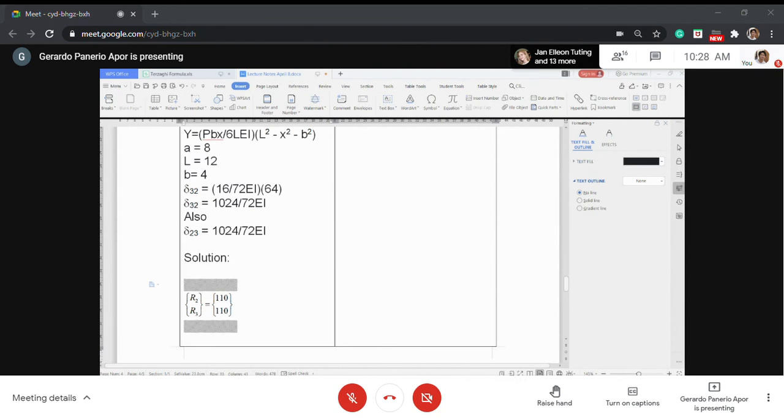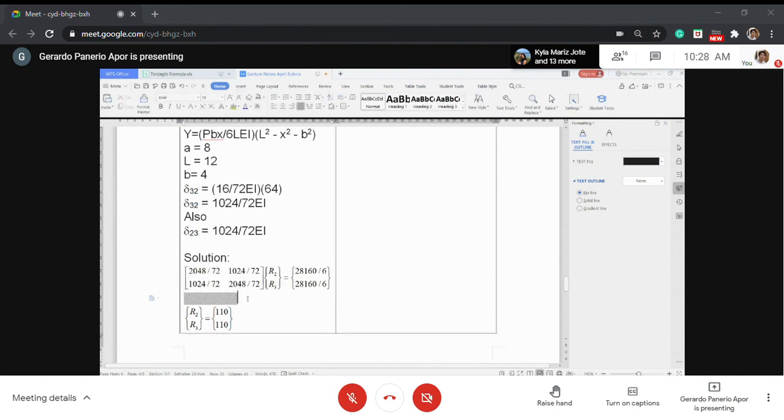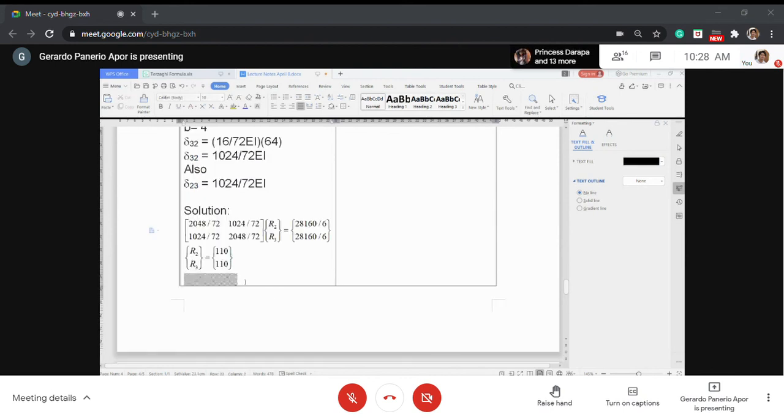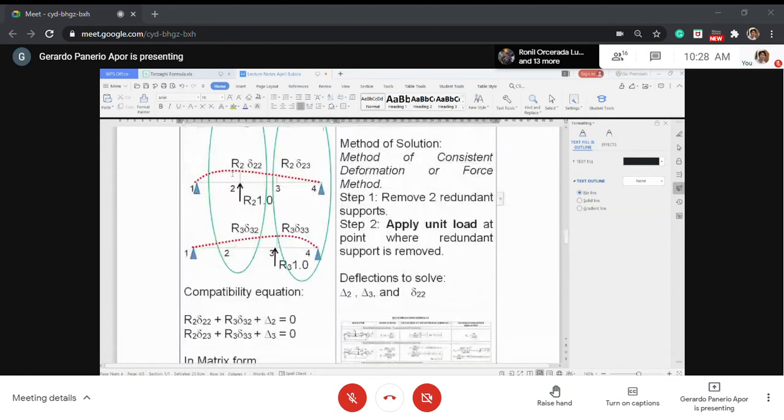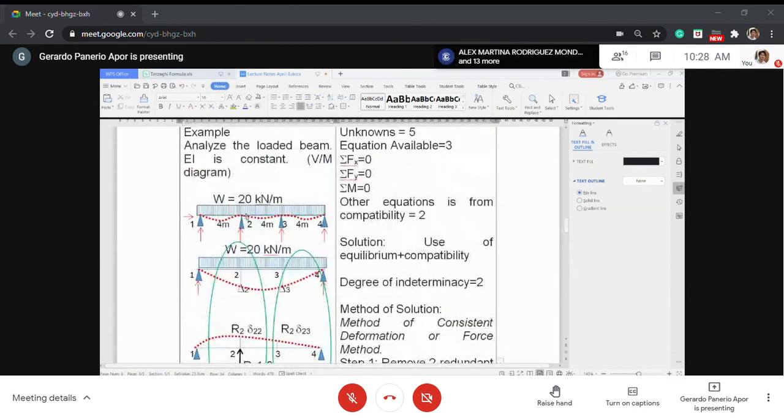This one is also the same, 28,160 divided by 6. Okay. So you have this equation that will appear here. Okay, so that's the equation. EI is already cancelled. Now solving that, I know your calculator can solve that. Only that we do not have time, but you have already solved R2 and R3 here.